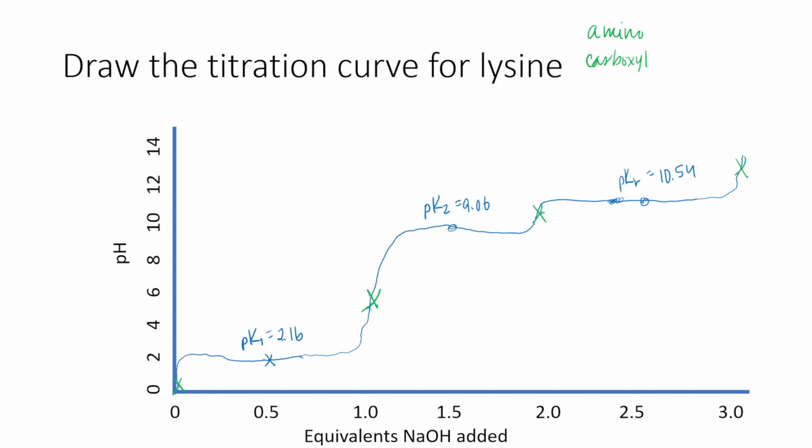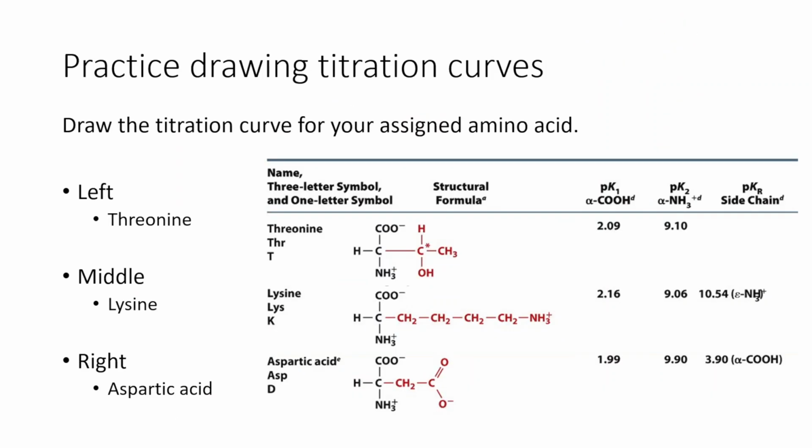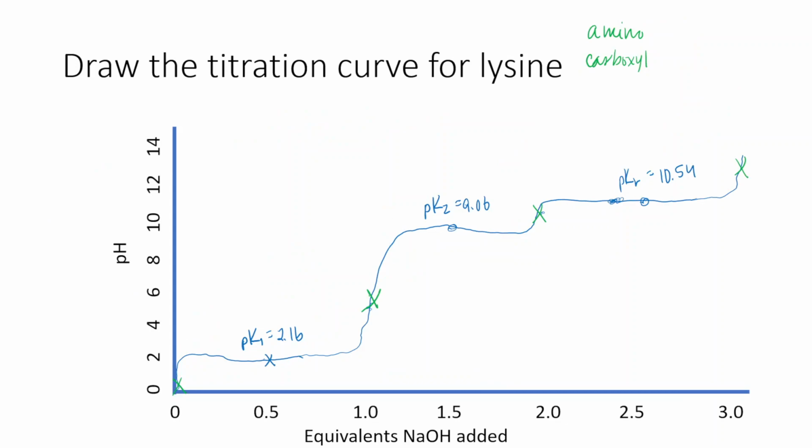Let's remind ourselves what the structure of lysine looks like. Lysine has an extra amino group, and that's what contributes to our pKr. So our third ionizable group is also an amino.